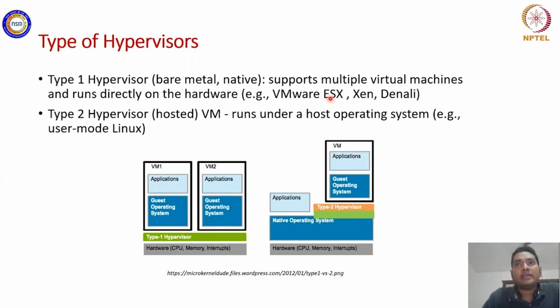VMware has different hypervisors for different machines, like desktop and server. VMware ESX is a server-level system hypervisor. Xen also provides a system-level hypervisor, which is a type 1 hypervisor.